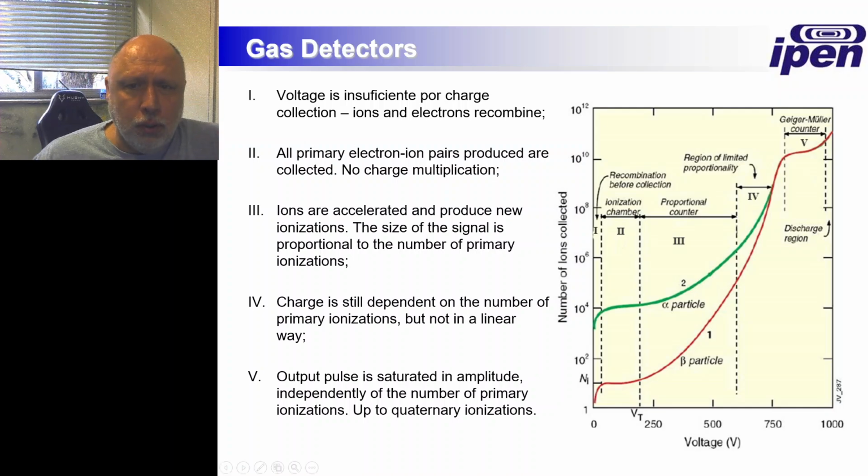That's what we call the Geiger-Müller region, right? That's the region in which Geiger-Müller counters work. And well, if you keep on increasing, at some point the gas is not able to take that voltage anymore, and you just have continuous electrical discharge, and your detector is over.